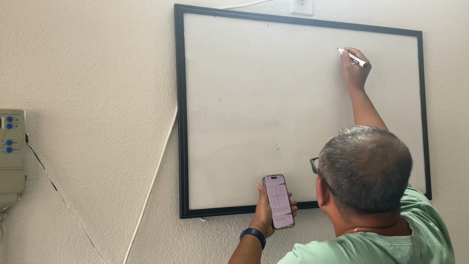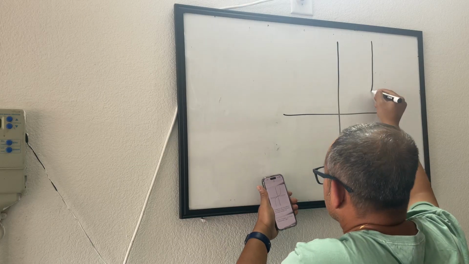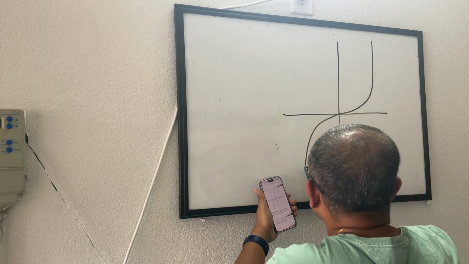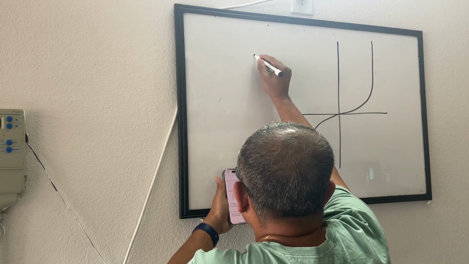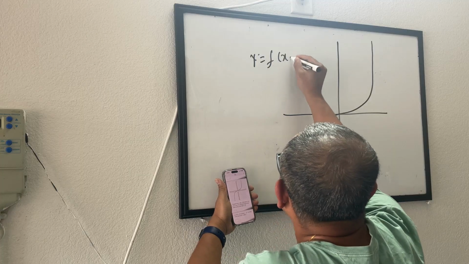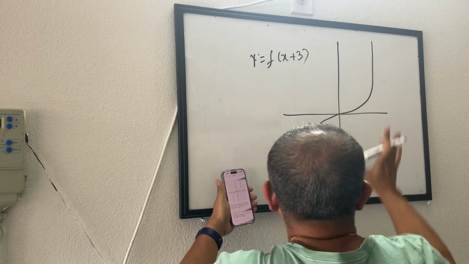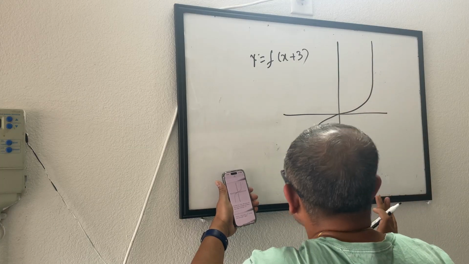I have a graph like this. This is a graph of y equals f of x plus 3. Okay?